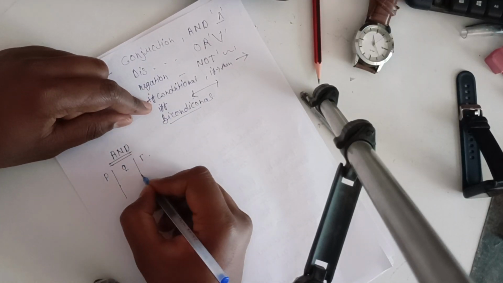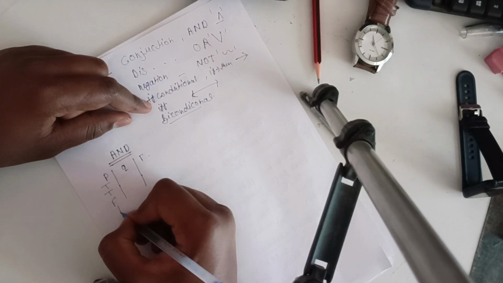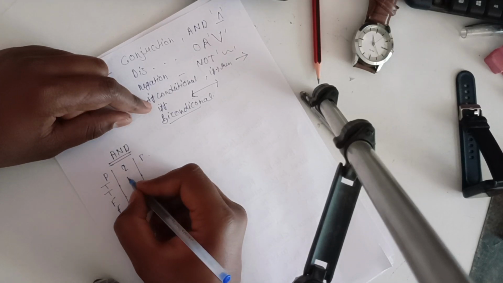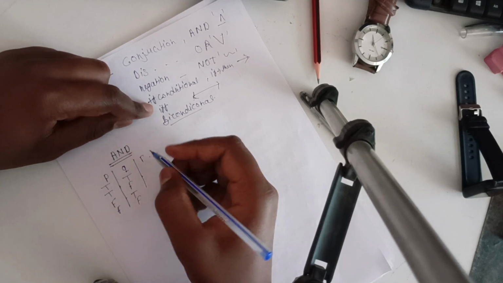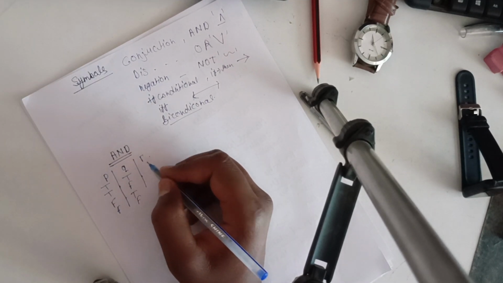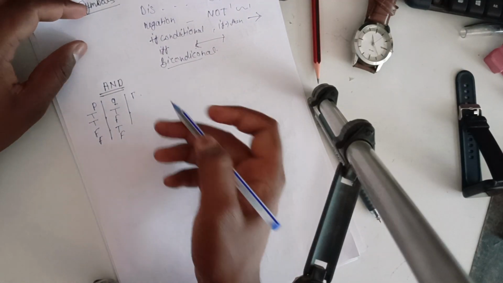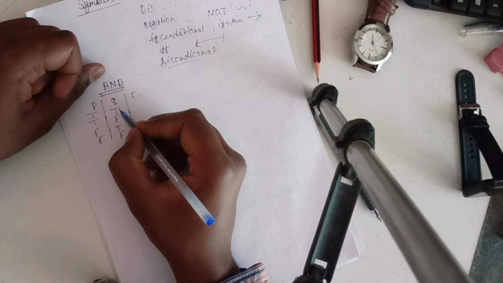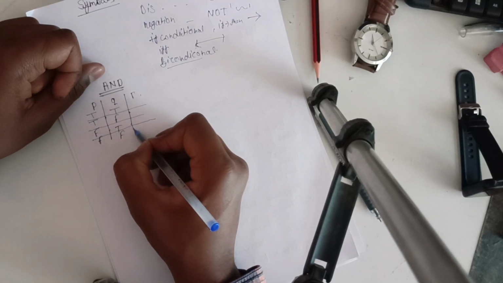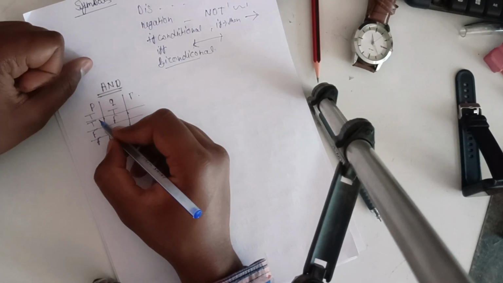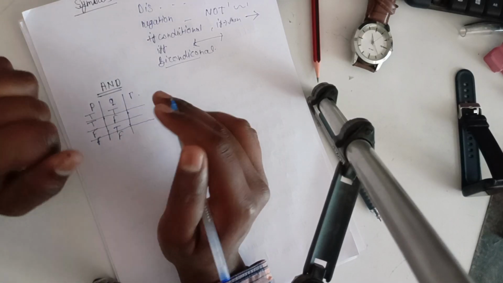So first of all, true, false. In this true, false. So in and, if one is false, then all will be false.